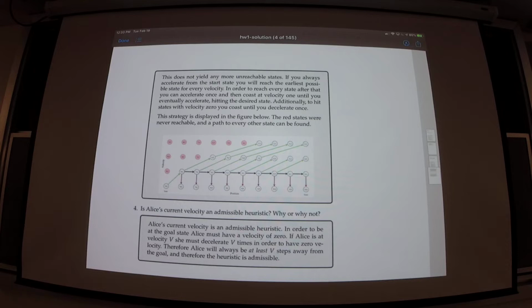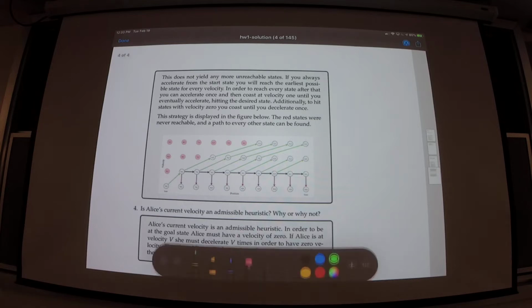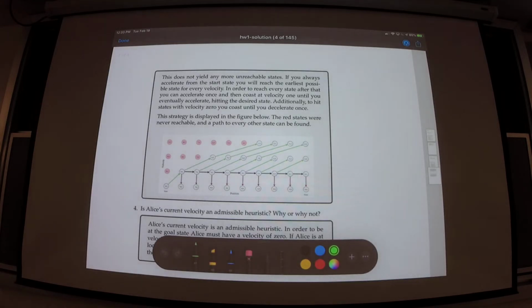Okay, so you should read this. It's very good, but basically the idea is that we've described here the fastest way to get to a given velocity with respect to position, or vice versa. So if you always accelerate, then you're going to end up with as high of a velocity as is possible, as early as is possible. Does that make sense?